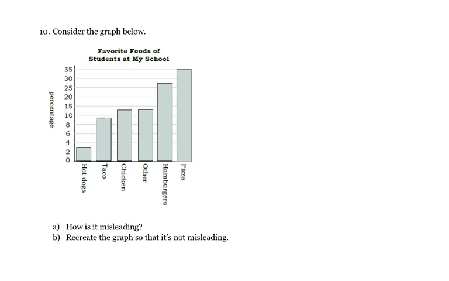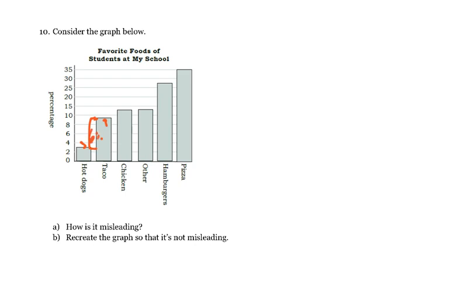So what that means is that from hot dogs to essentially tacos, it's showing a shorter jump in between on the scale. So this is a misleading graph, because what's the difference between hot dogs and tacos? Well, if this is about 3%, and this right here is about, let's say, 9%, that's a difference of 6%.